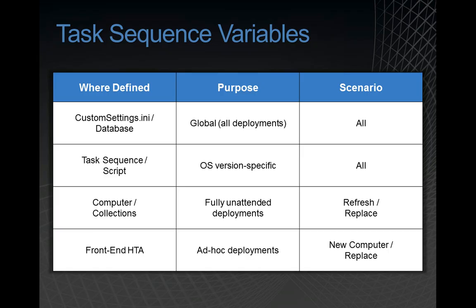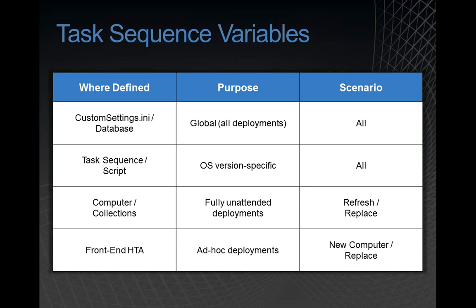So, my general philosophy is that for any deployment settings that are not operating system or deployment scenario specific, likely to stay constant for all deployments, and that I want to make applicable globally to all task sequences, I will put those into custom settings INI or the MDT Deployment Workbench database. For settings that are dependent on the version of Windows that I'm deploying, I'll define those within the task sequence that is specific to that operating system.